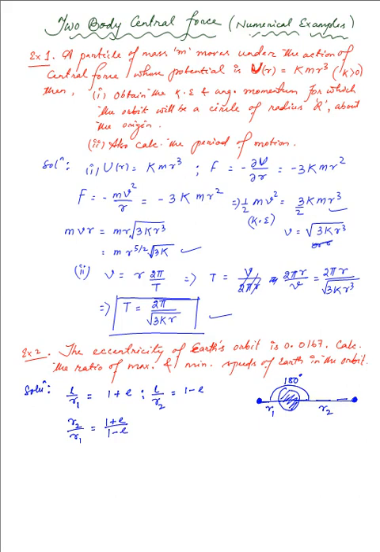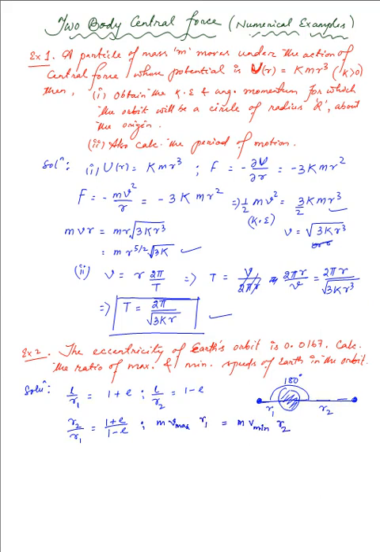Now the constancy of angular momentum tells us that m v at R1 will have to be equal to m v at R2. I'll take the velocities as V max and V min.